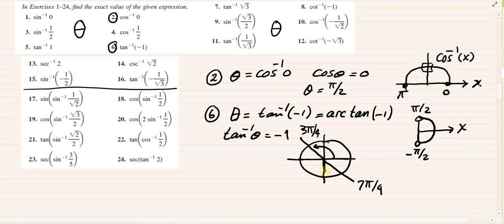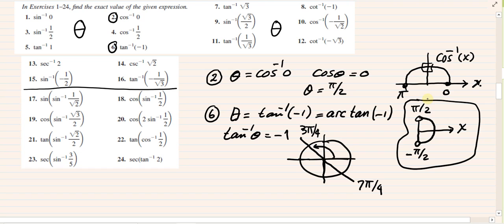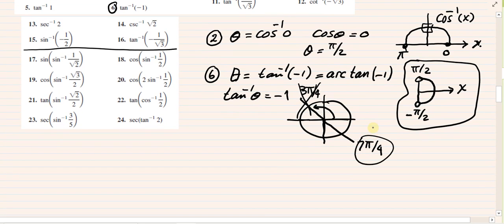But note, neither of these is within the range of the inverse. We have to be in either the first or the fourth quadrant. The answer should be in here or in here. So we're going to rule out 3 pi over 4. We're going to stay with 7 pi over 4. Even that 7 pi over 4 is not in the -90 degrees to 90 degree range. So what are we going to do?